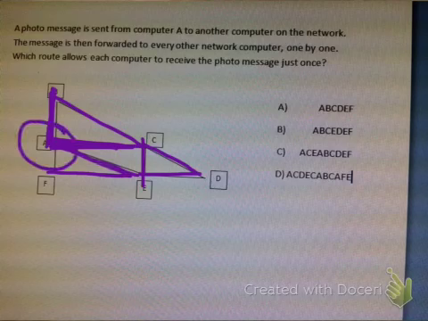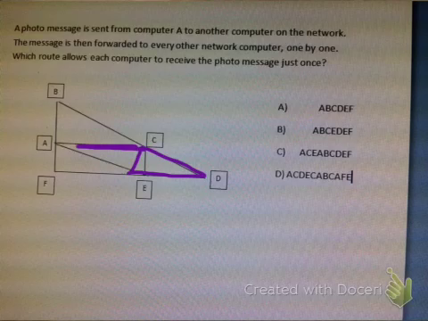Now, for the last one, that's a long one, but for D, it would be from A to C, then C to D, D to E, E to C, then C to A, A to B, B to C, C to A, A to F, and then F to E. Now, this is one where A to C gets used 3 times.